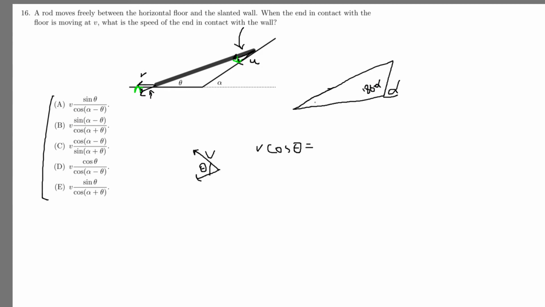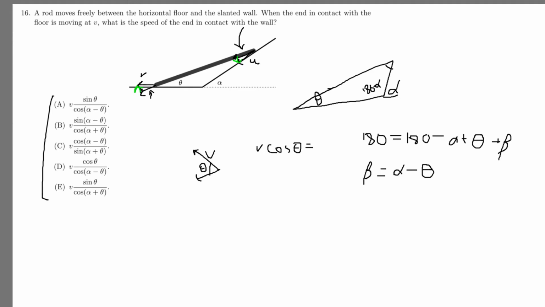Since this is theta, to find the angle in the corner of this triangle, we use that the sum of a triangle is 180, so 180 equals 180 minus alpha plus theta, plus some angle here, which I'll call beta. If we solve for beta, we get beta equals alpha minus theta.